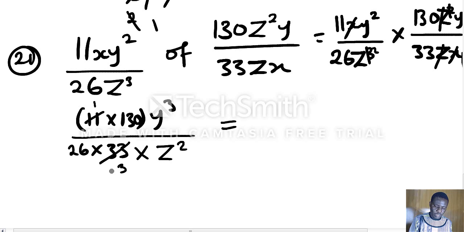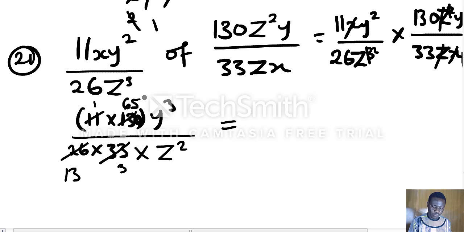Okay, can 3 divide? No, 3 cannot divide this. Okay, 2 can divide 26, 13 times. 2 into 13 is 6 remainder 1, into 10 is 5.